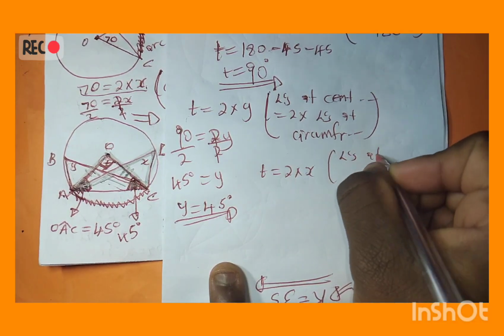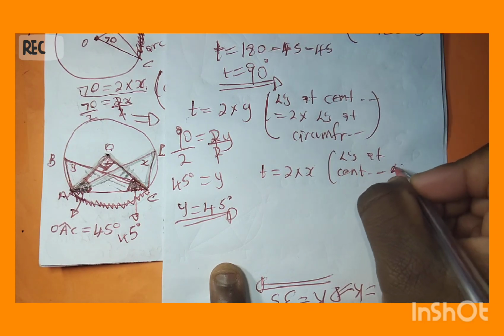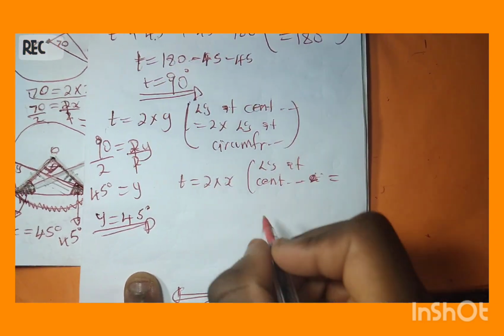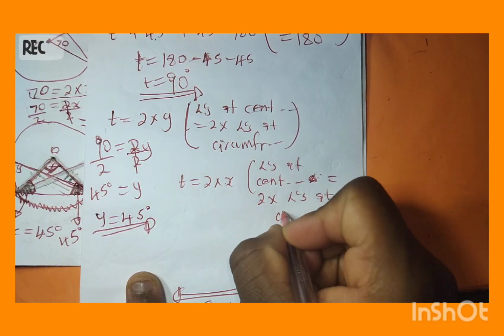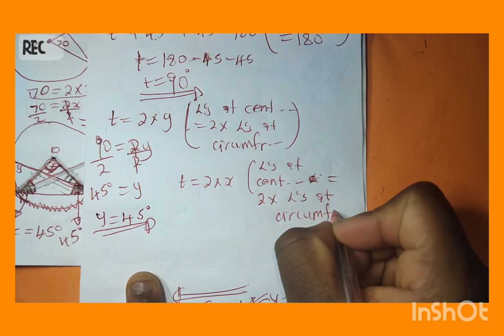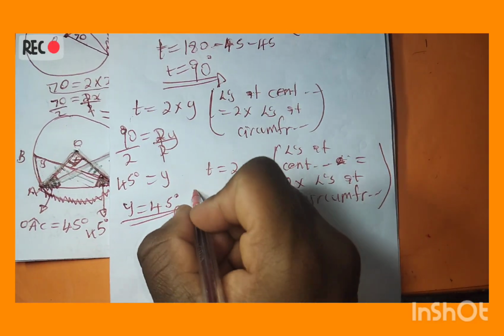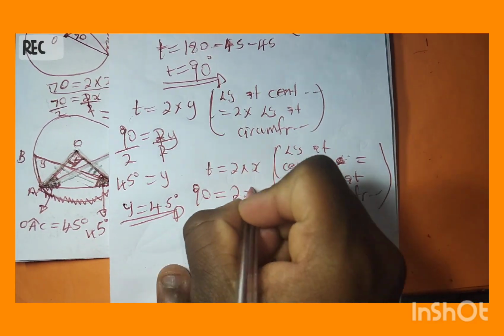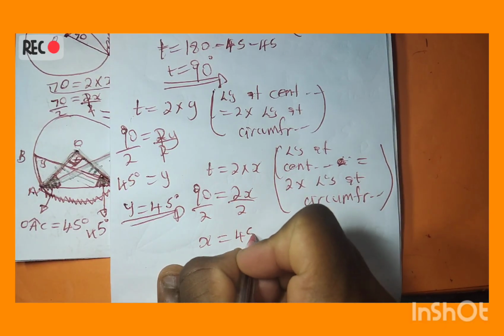Angle at center is equal to 2 times angle at circumference. I know t is 90, 2x divided by 2, meaning x there will also be 45.